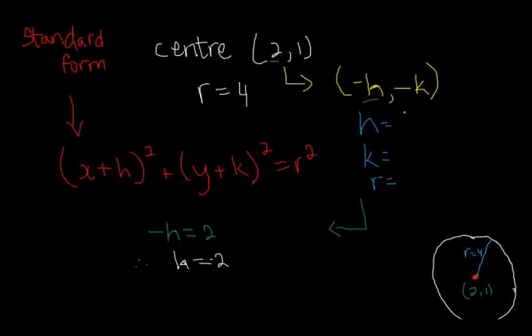And if minus k has a value of 1, so minus k is equal to 1, that means that k, if I wanted to find the value of k, would be equal to minus 1. So that's why h is minus 2, k is minus 1, r. In this example, in this question, we don't need to calculate what r is because they already gave us what r is. So r is 4.